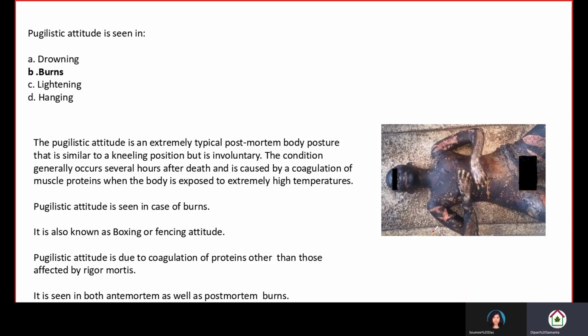So pugilistic attitude is an extremely typical postmortem body posture that is similar to a kneeling position, but it is involuntary. The whole image is not shown actually. Not only are the hands in this position, but also the legs are like this.